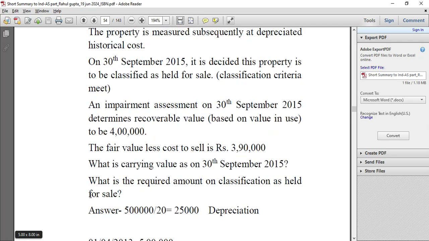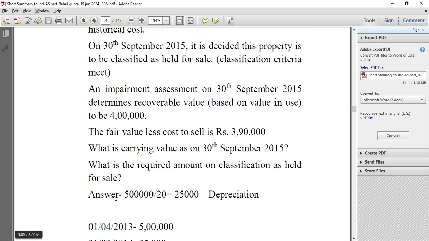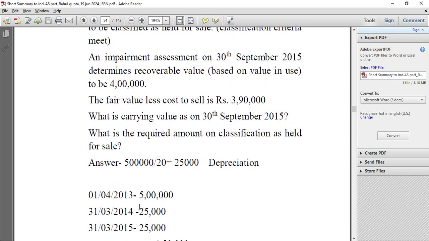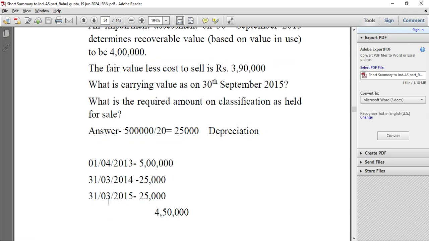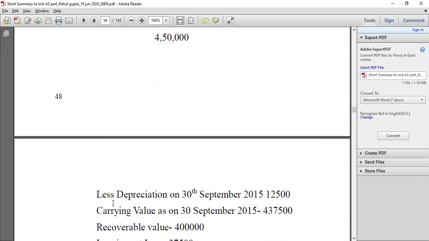Answer: 5 lakh divided by 20, that is 25,000 depreciation. On 1/4/2013, 5 lakh. On 31st March 2014, 25,000. On 31st March 2015, 25,000. Total is 4 lakh 50,000. Less depreciation on 30th September 2015, 12,500.